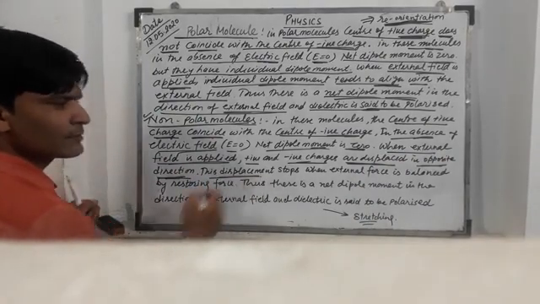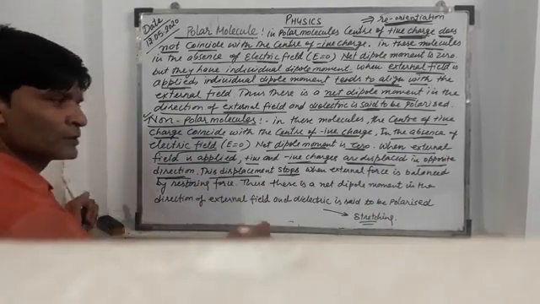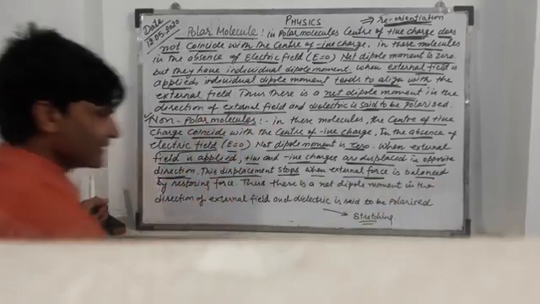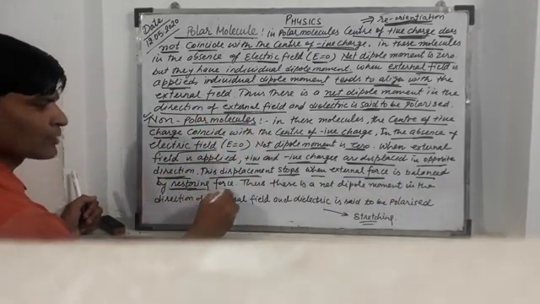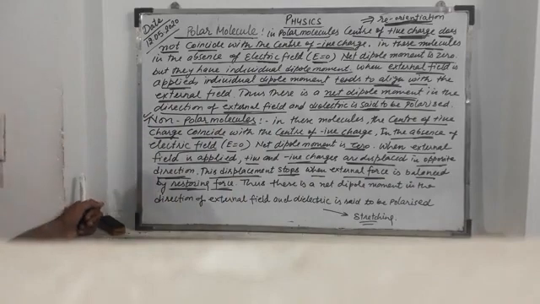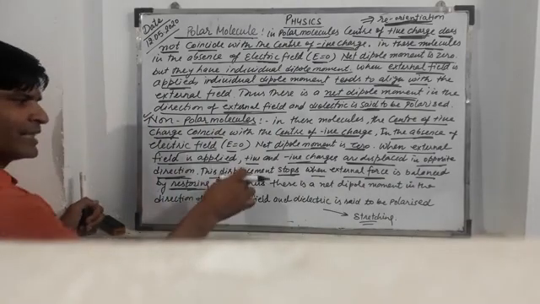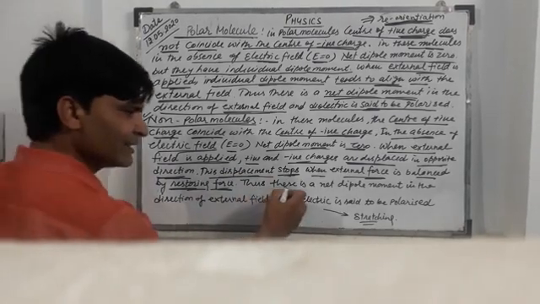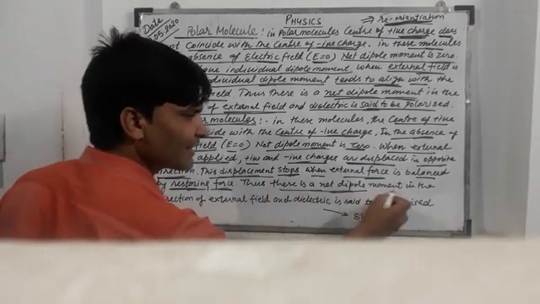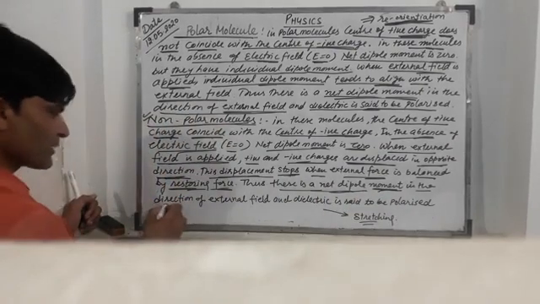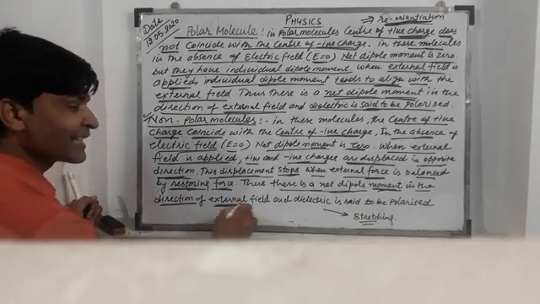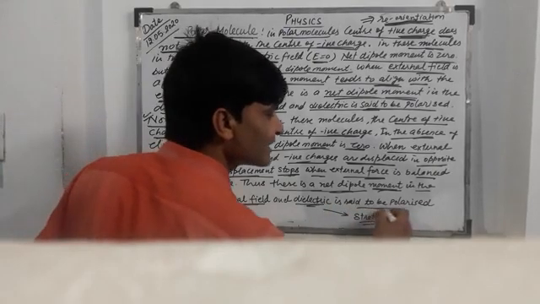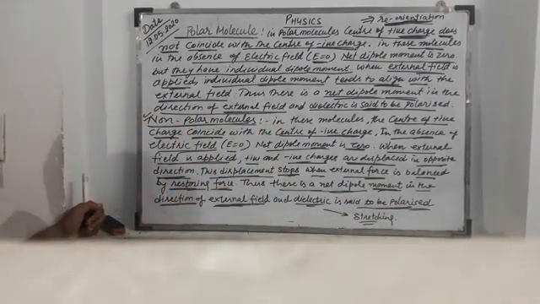This displacement stops when the external force is balanced by the restoring force, when both forces become equal. In this case, there is a net dipole moment in the direction of the external field, and the dielectric is said to be polarized.